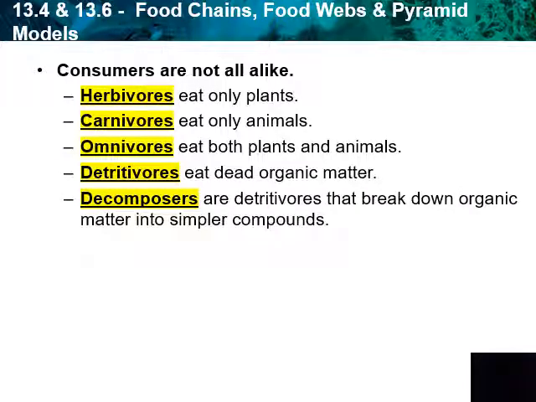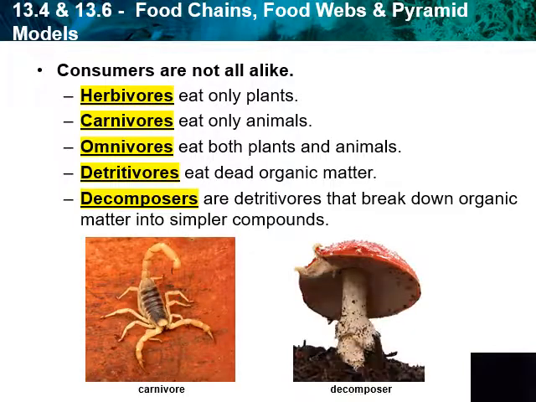And then we have decomposers, which basically break down that matter into simpler compounds. They are detritivores, but they do break it down into much simpler compounds. Okay, so decomposers, things like worms and bacteria would be decomposers. Also fungus and mushrooms would be decomposers.